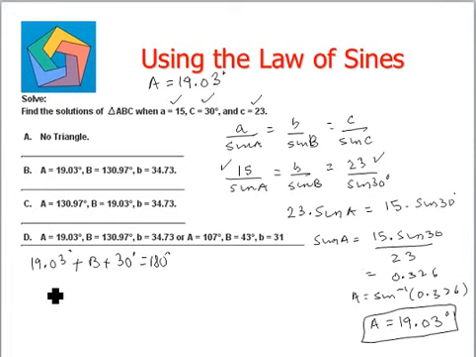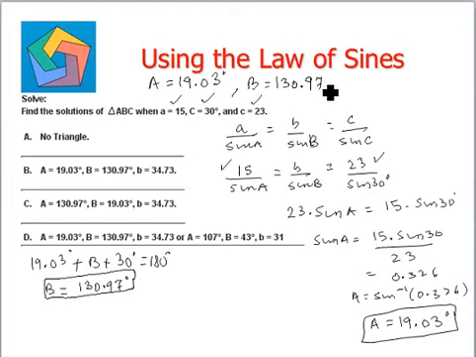From here, angle B equals 180 minus 19.03 minus 30 degrees, which gives us 130.97. So this is our second value: B equals 130.97 degrees.